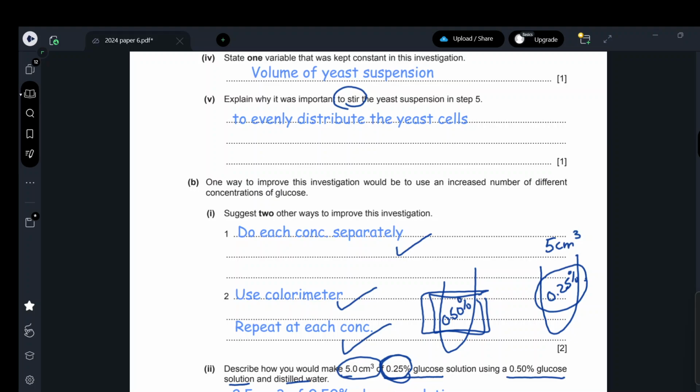So what are you going to do? I am going to take 2.5 cubic centimeter from this solution plus 2.5 cubic centimeter water. So you will divide the concentration in half. How did I divide the concentration in half? Because I added half water, half glucose solution.